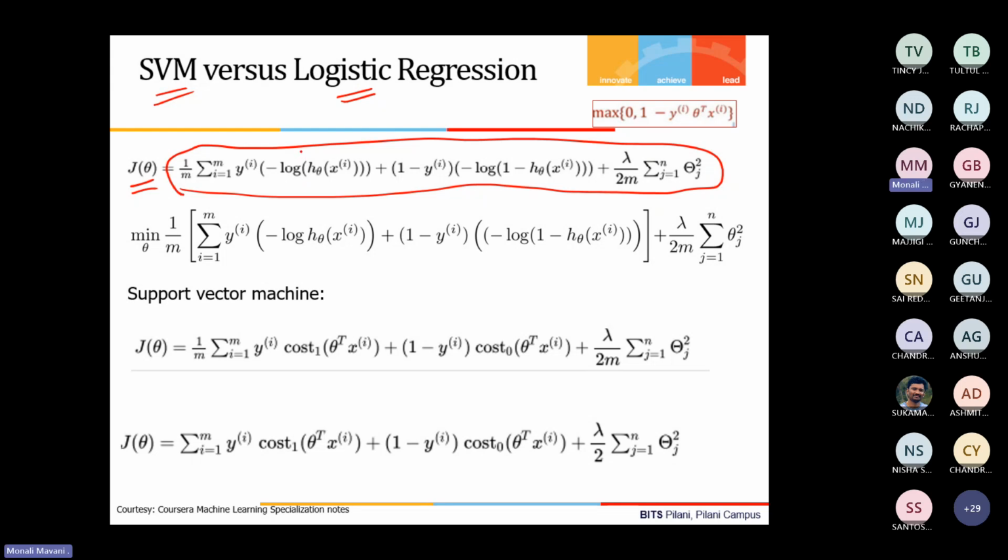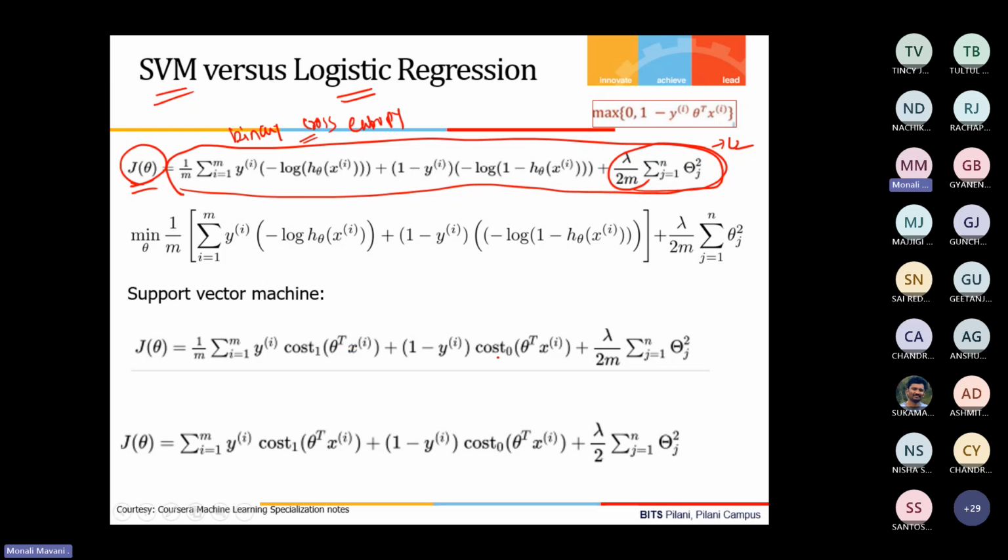What is this equation, the first J of theta? It's binary cross entropy, and we have a regularization term, L2 regularization. This is the logistic regression cost function, which is a regularized logistic regression.